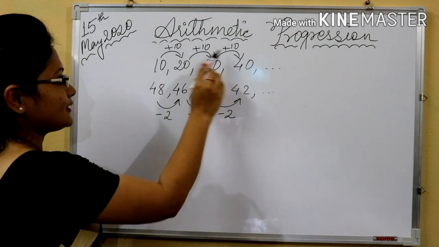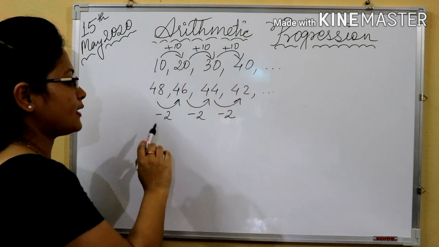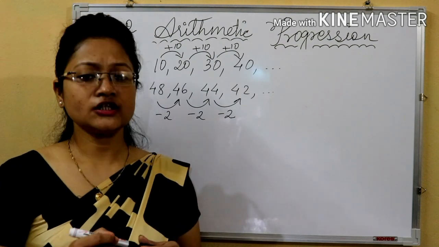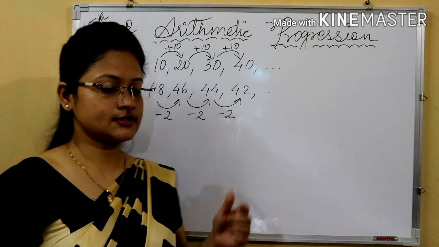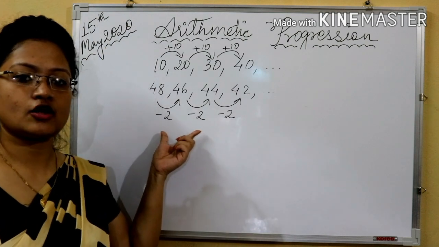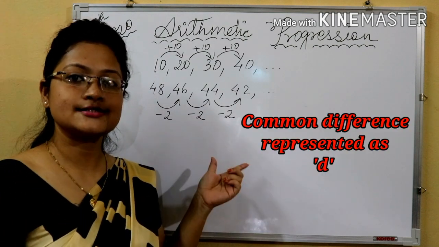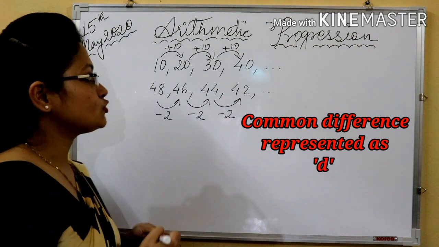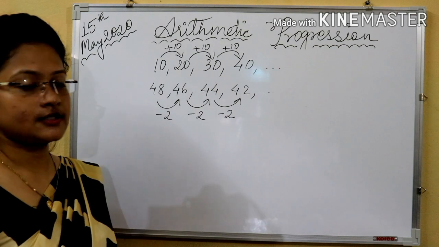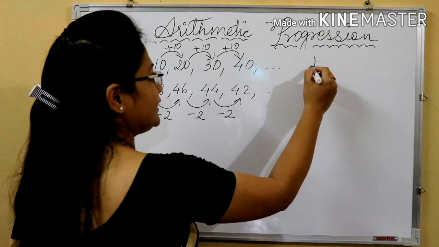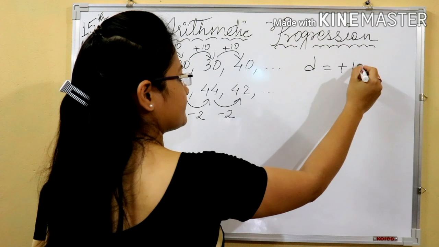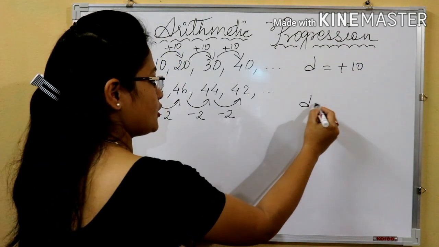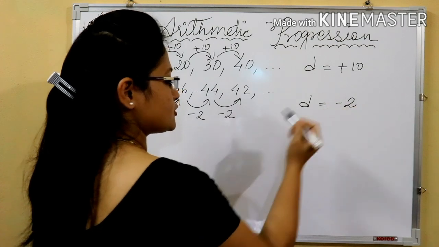So you can see it is fixed here, and minus 2, minus 2, minus 2 is fixed here. This constant difference is called the common difference, represented by d. In the first sequence, your d will be plus 10. Similarly, in the second sequence, your small d will be minus 2.